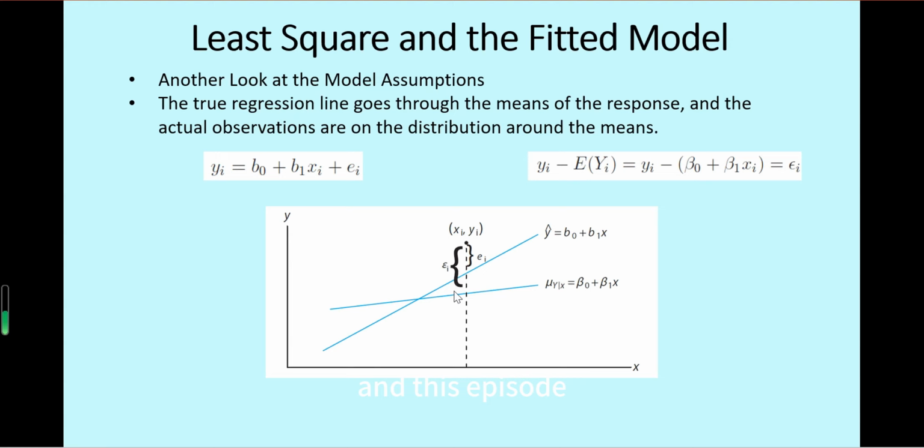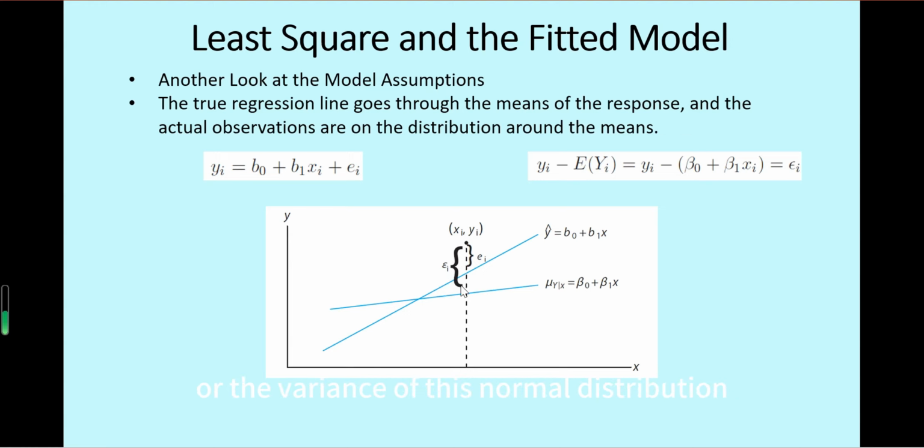And this epsilon follows the hypothesis that this error, no matter which x value, follows an identically and independently distributed random variable, and this random variable in linear regression is normally distributed. And for the normal distribution, this random term has a variance called sigma square.